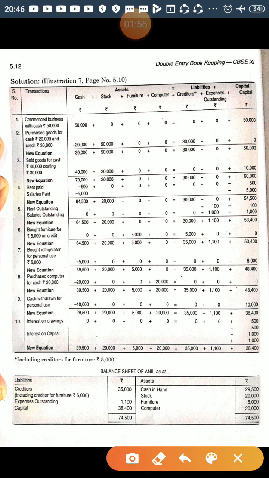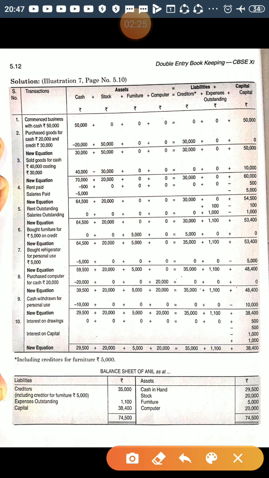Suppose the first transaction given is: commence business with cash rupees 50,000. So this transaction includes two things, that is cash and capital. So you will write cash here and on the extreme right you will write capital. Next transaction, purchase goods for cash 20,000 and credit rupees 30,000.